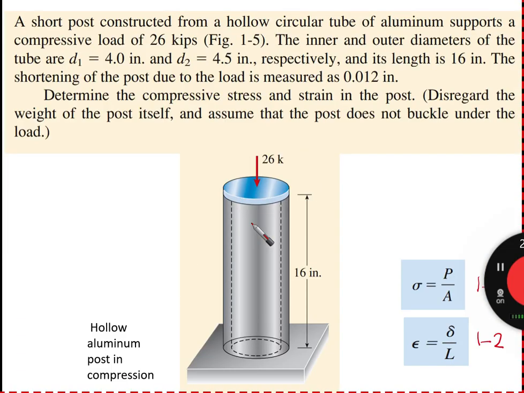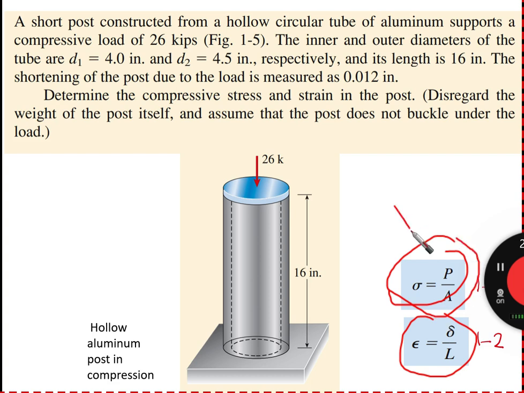I hope you have an idea now about how we can apply the normal stress and normal strain equations to real life examples, and that it will be easier for you later on to use these equations to understand normal stress and normal strain. Thank you, and see you in the next video.